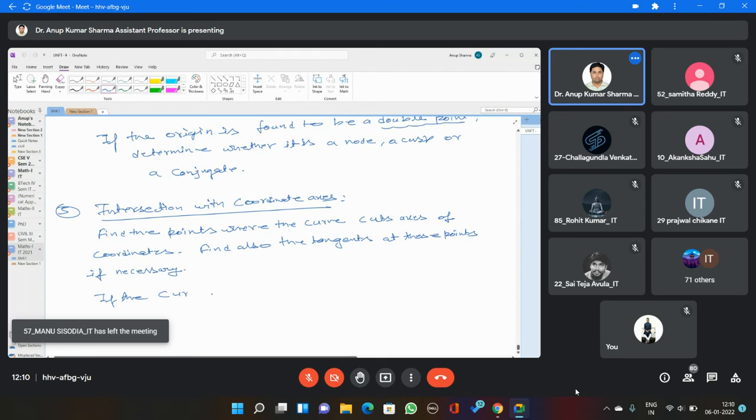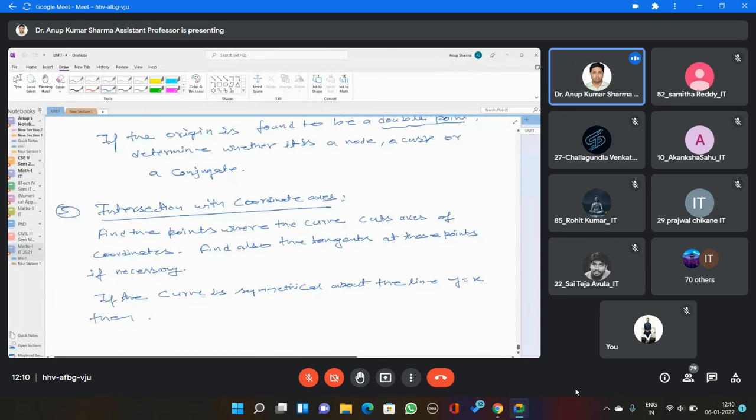If the curve is symmetrical about the line y equals x, then find out the point of intersection of the curve with this line, and the equation of this.